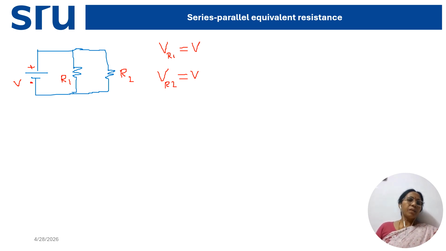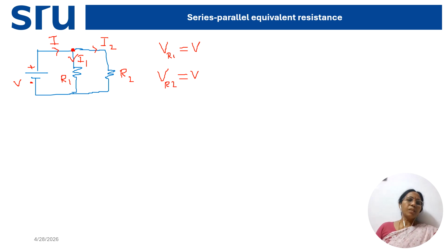Then what about current? Let us take the current delivered by this voltage source, I am taking capital I. This is the junction where R1 and R2 are connected together. Now the total current is divided into two parts: the current through R1, I1, and the remaining current through R2, that is I2.